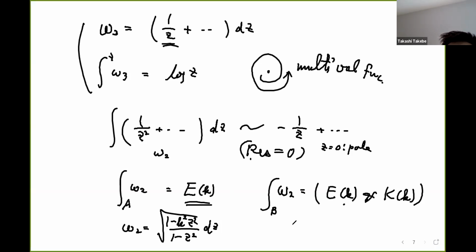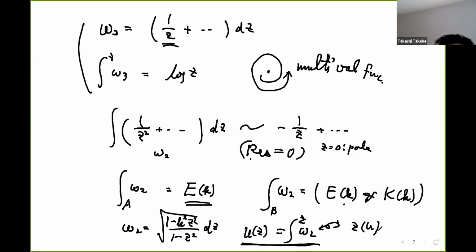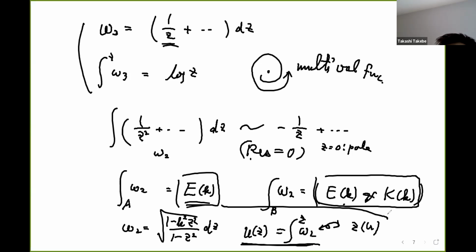it means that the inverse function of this elliptic integral has periods E of k and some complicated function.